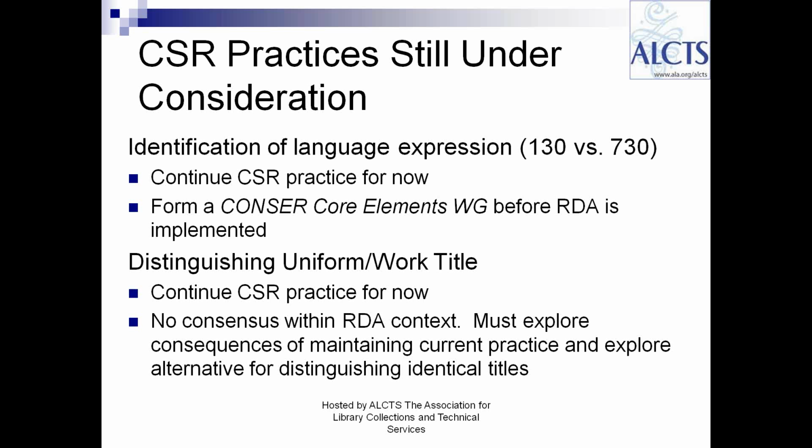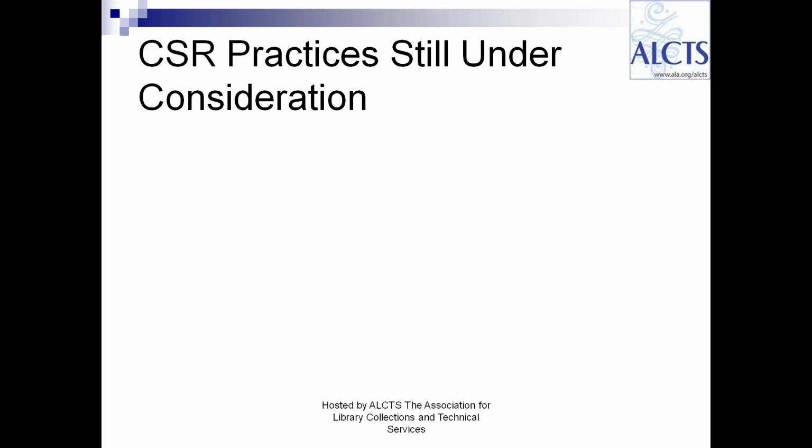The uniform title practice that we have with the CONSER standard record right now, there really is no consensus yet within CONSER about whether that works really well. It works well from the perspective of the production cataloger, not having to create it. There's still no consensus on whether it provides enough use that we really should be using it in all cases of non-distinctive title.